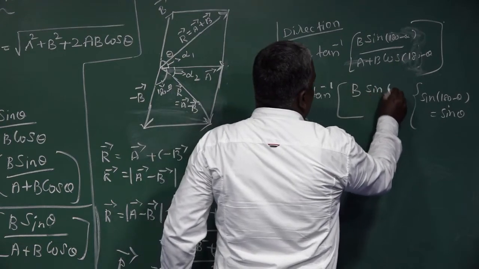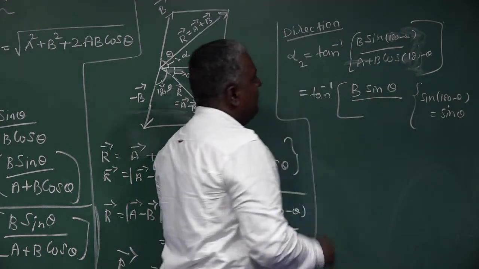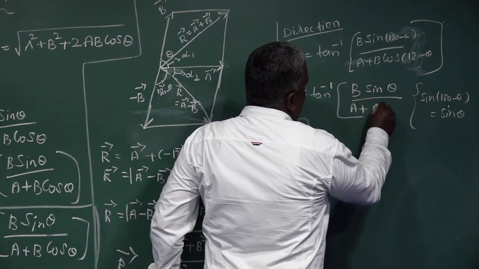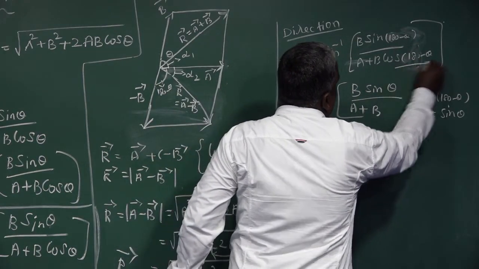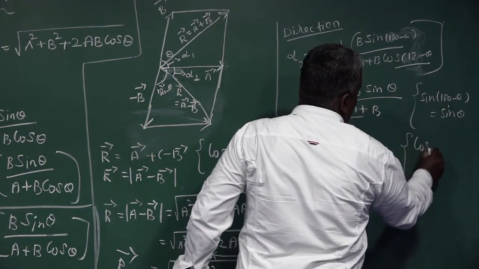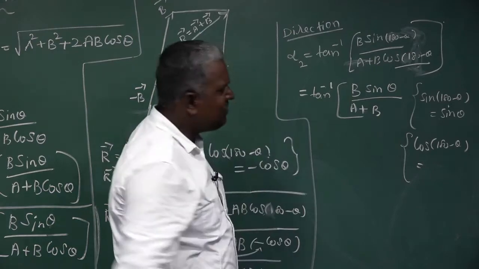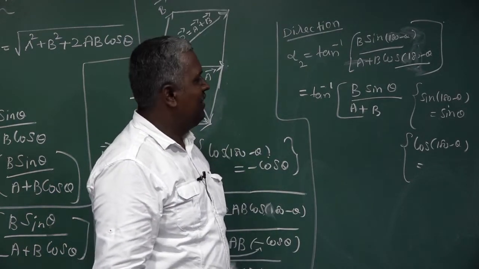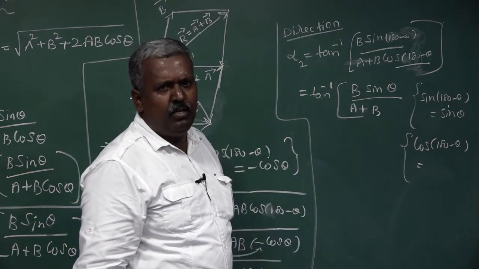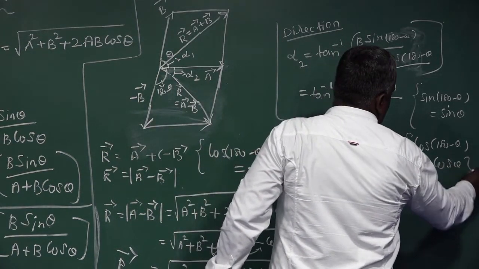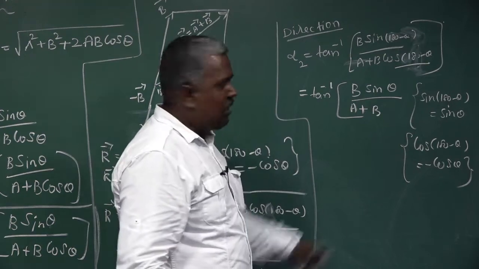Therefore sin theta. Then A plus B cos 180 minus theta, which is equal to minus cos theta. Substitute directly.